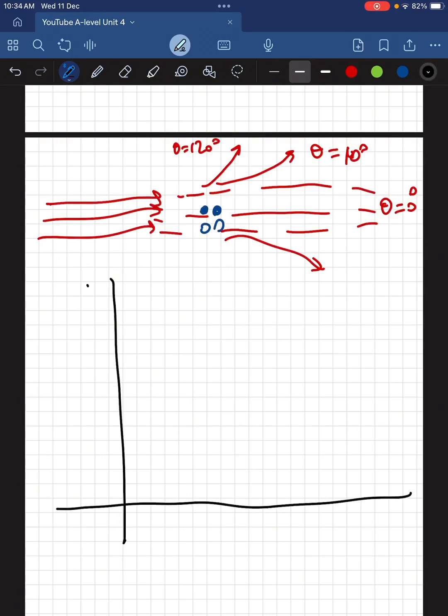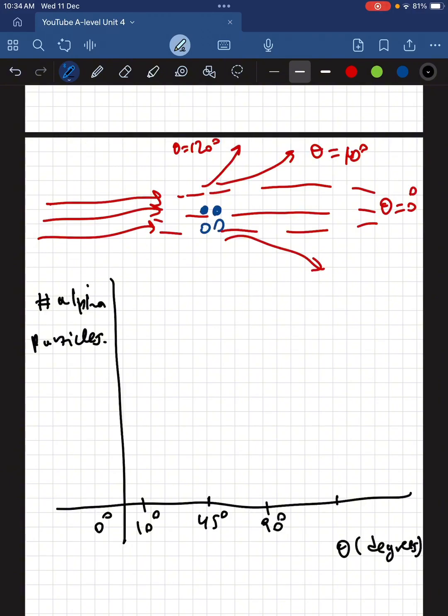So if you put the number of alpha particles on your y-axis and theta in degrees on your x-axis, and maybe this is 0 degrees, maybe this is 10 degrees, maybe this is 45 degrees, maybe this is 90, and maybe this is 180 degrees, then the plot is going to look like this.